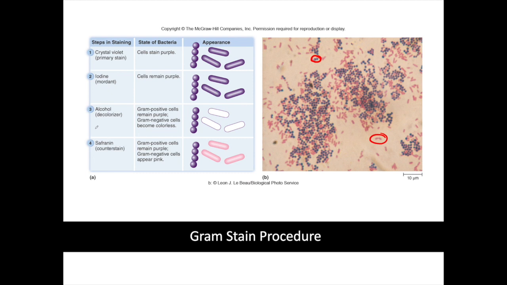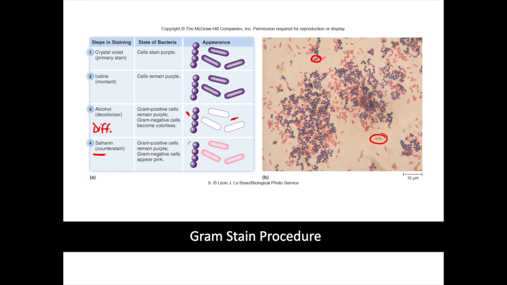We then go through our differential step, and that's this one right here. And decolorization is where we remove the stain from one cell type, but because of that mordant, it will be retained by the other. So you can see here, these rods, we lost the purple dye, but the cocci, the purple dye remained behind. We then add a counter stain. This counter stain is simply added so we can see the other organism.